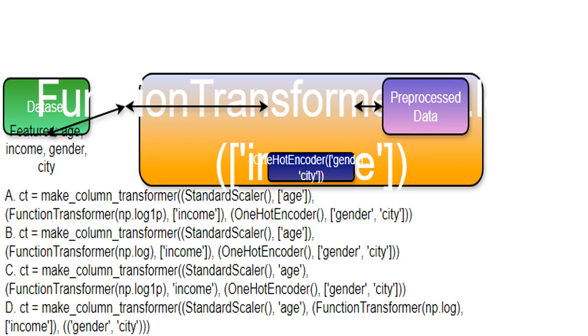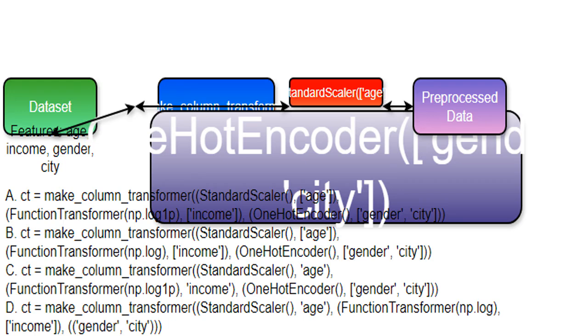I choose log1p because it handles zeros better than a standard log function, preventing errors. I use function transformer to apply this custom function. To deal with the categorical gender and city columns, I'll use one hot encoder. This converts each category into a separate binary column, 0 or 1, preparing them for the model.